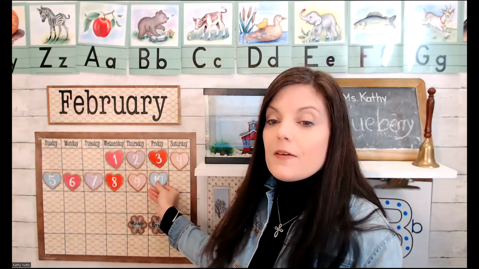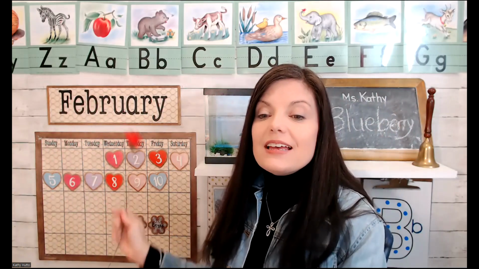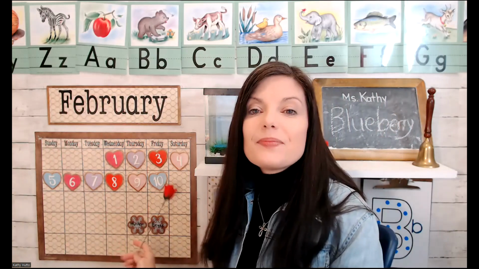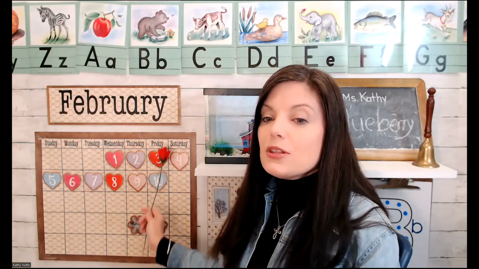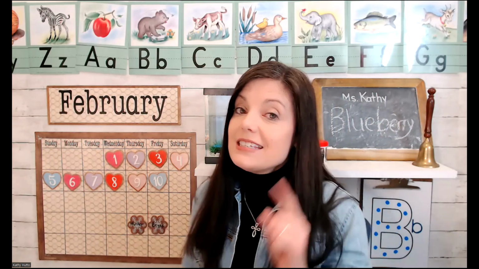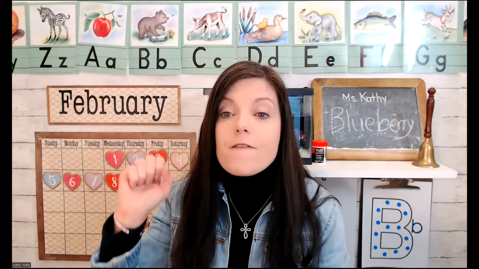Today is February 10th. And if you go up to the top, you can see today's day of the week starts with the letter F. Letter F says F, F, F.